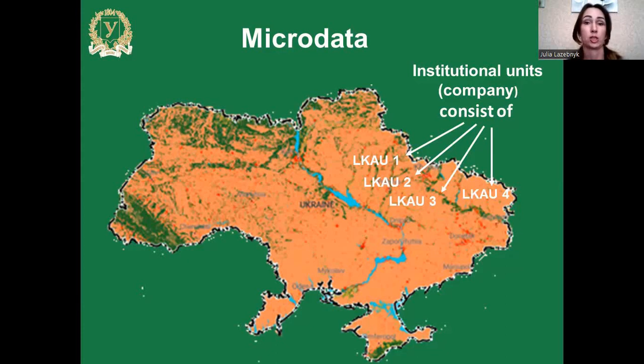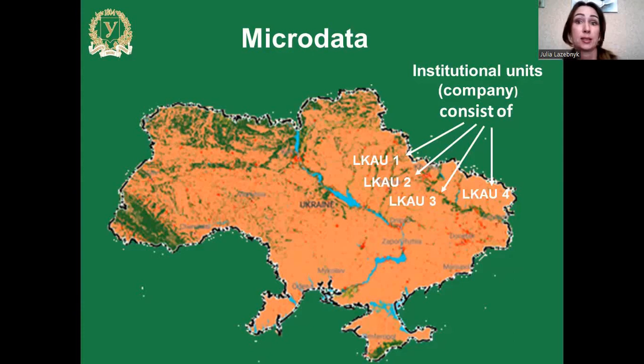In the system of national accounts, they are called establishments or local kind of activity units, LKAU. This is especially true for large enterprises. It is useful to collect and compile environmental indicators for each facility first, and then aggregate the reporting of the institutional unit. It was about the approach to data collection.